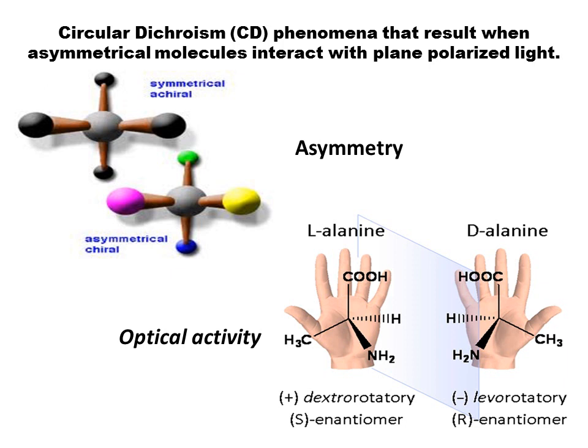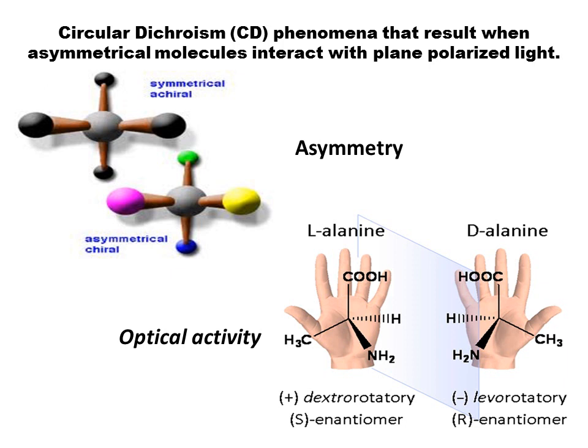Circular dichroism is a phenomenon that results when asymmetrical molecules interact with plane polarized light. So this is an example of a symmetrical achiral compound, where all of the atoms attached to the central atom are the same, whereas an asymmetrical chiral compound has a chiral atom, or chiral center, with 4 different atoms or molecules attached.